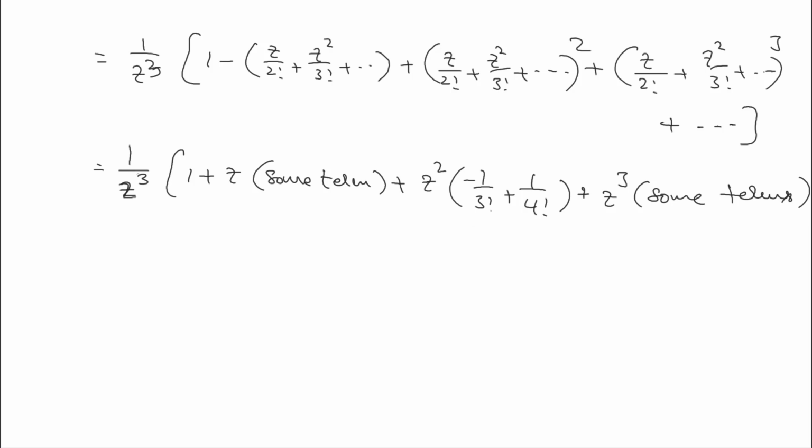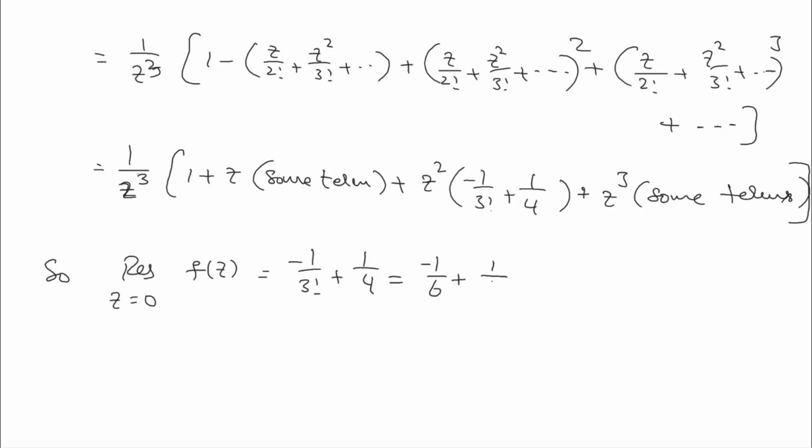So in total, the residue of f of z at the point z equal to 0 is, we can see easily, minus 1 divided by 3 factorial plus 1 divided by 4 factorial, that is minus 1 divided by 6 plus 1 divided by 24, which is 1 divided by 12.